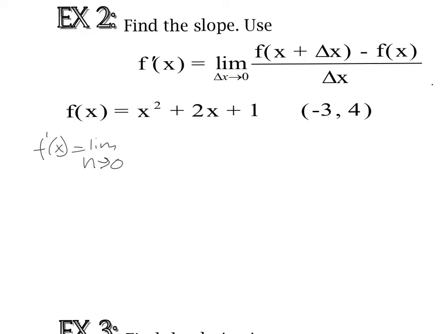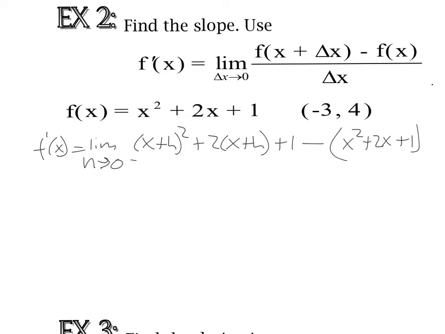So this would be (x plus h) squared plus 2 times (x plus h) plus 1 minus, and I guess I didn't really need brackets, but parentheses, (x squared plus 2x plus 1) all over h.